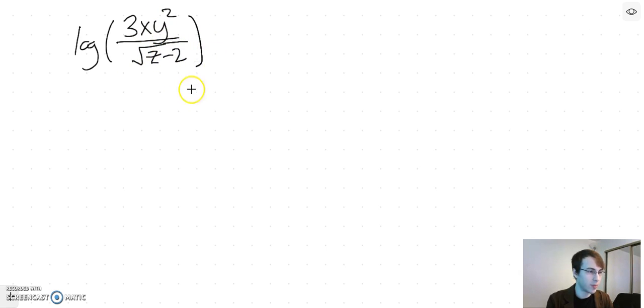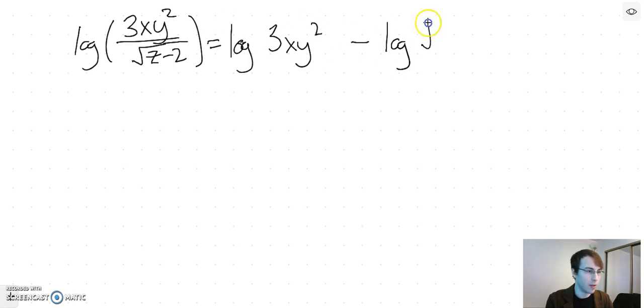So how do we expand that? Well, that would turn into log of 3xy squared minus log of root z minus 2, because remember, division is subtraction. Division inside the log is subtraction outside the log.